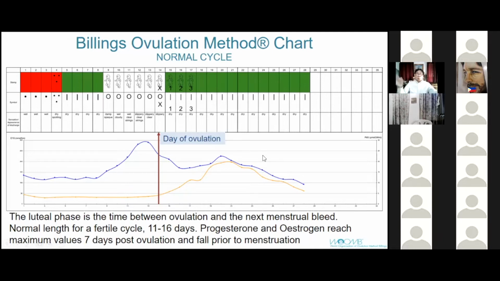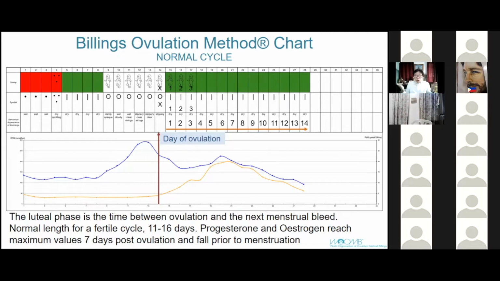Clear? So Professor James Brown was able to correlate what is happening to the hormones in relation to the charting designed by Doctors John and Evelyn Billings. Okay, the luteal phase, look, it begins on day 15, the day 1 of the luteal phase, and it ends on day 28, a total of 14 days of luteal.